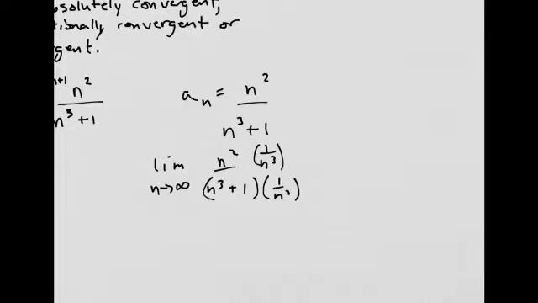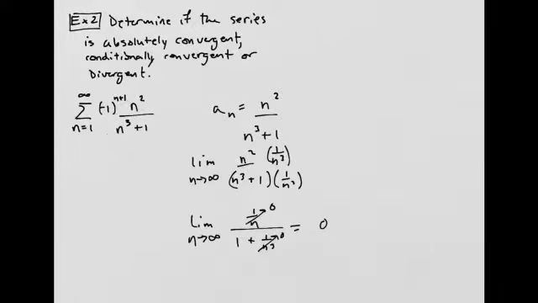So that would give me 1 over n divided by 1 plus 1 over n cubed. This goes to 0. That goes to 0, so it's 0 over 1, which is just 0. So that part is satisfied.